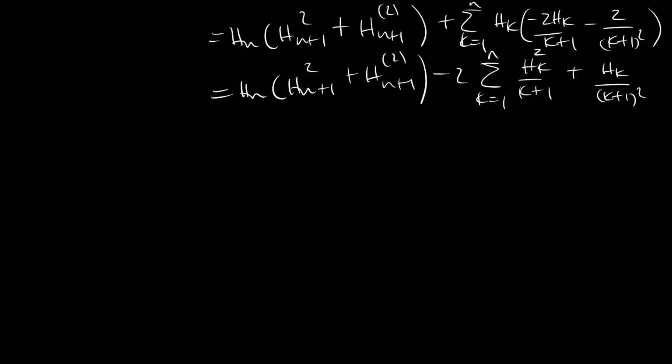Let's see how we may progress from there. One of the things to note is that hk squared is the same as h up to k plus 1 minus 1 over k plus 1 squared, and hk is just the same as h.